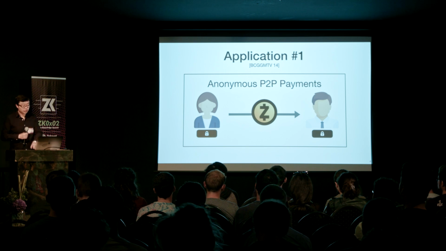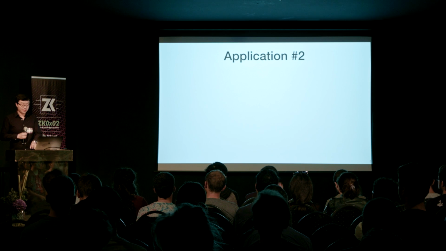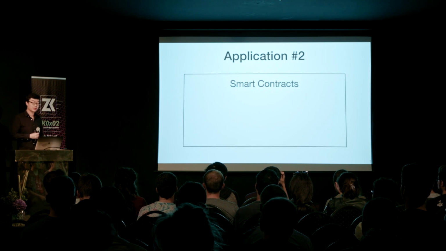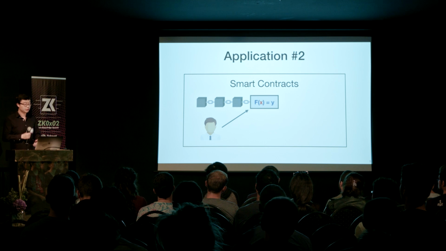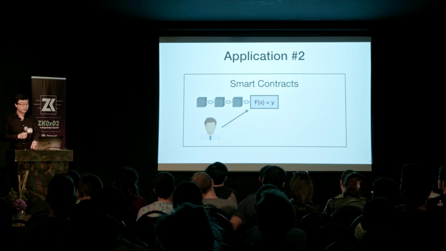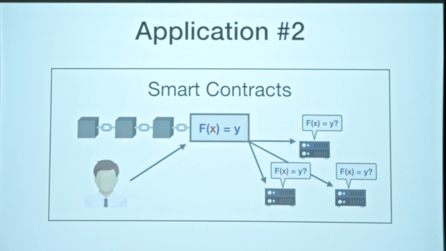Let's look at a second application. So suppose you want to use a smart contract to run a publicly verifiable computation. We actually just saw in the previous talk with Socrates a very nice demonstration of potential use cases and potential directions for zkSNARKs in terms of Ethereum. And the issue is that today, when you invoke a smart contract, you have to require all the validators to rerun this computation.